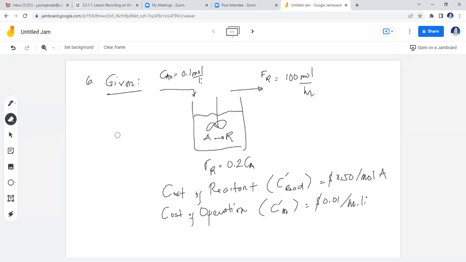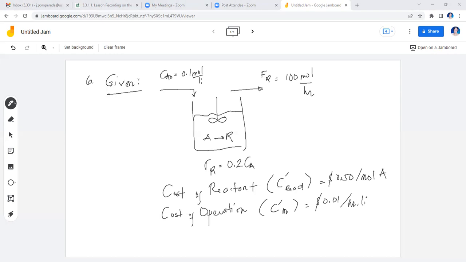Read the problem again. What is being fed to the reactor in the first place?